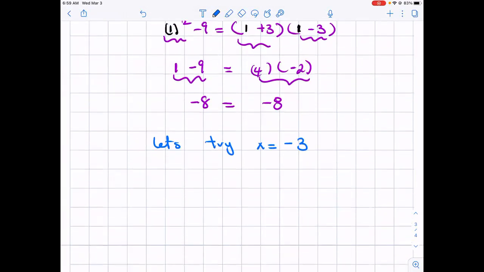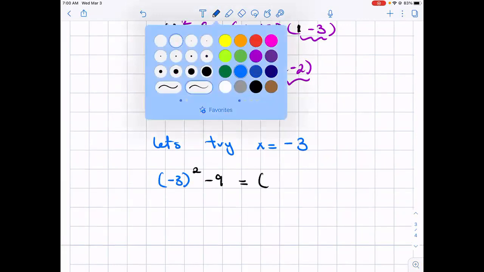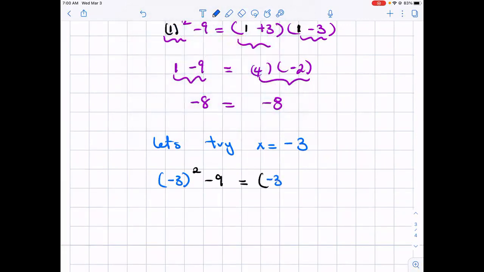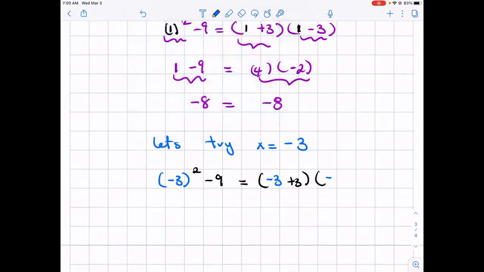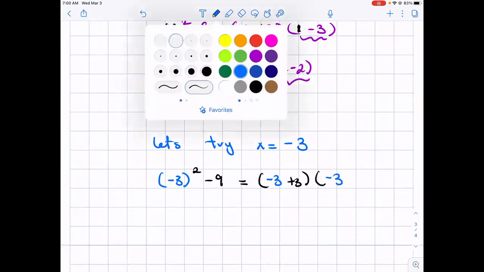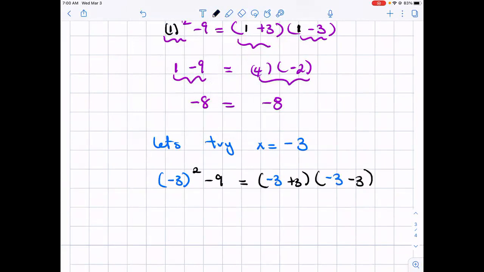So we have minus 3 squared minus 9 equal to minus 3 plus 3 times minus 3 minus 3.